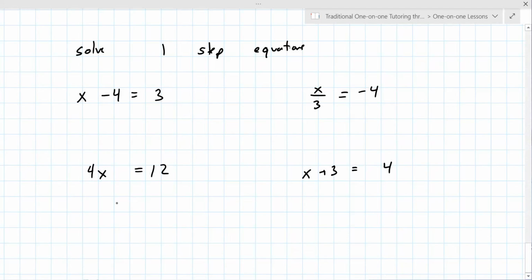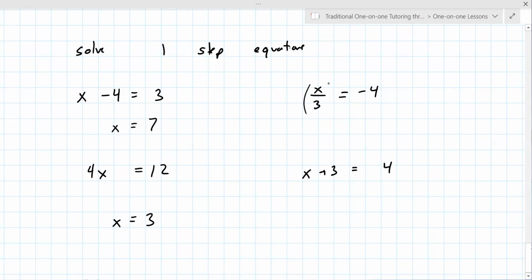Okay. Could you give me the answer to each one here? Just looking at it, x equals... Okay, so the first one, 7. Okay, the next one, you tell me which way you want to go. Yeah, you can do the one below. x over 3 equals -4, so x is -12.